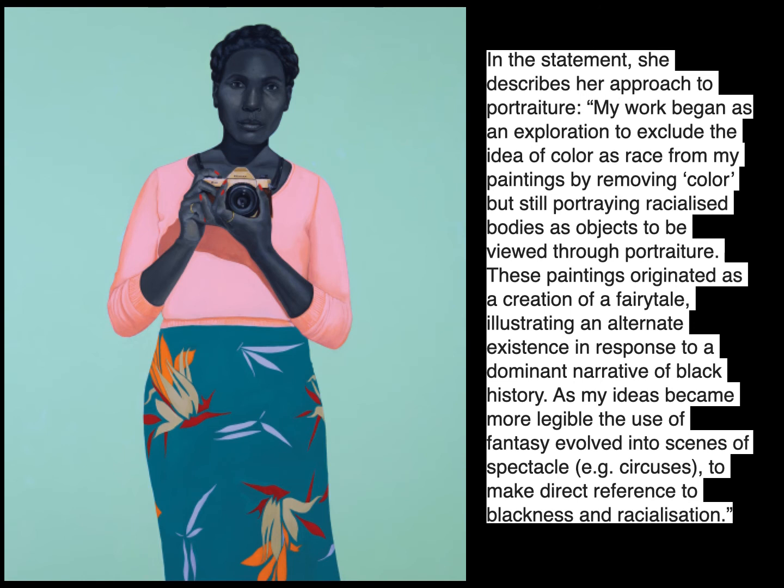Oftentimes race is described by the color of people's skin, but she's trying to talk about how race is actually more than that. She's creating a narrative, and thinking about how race is depicted historically, right?